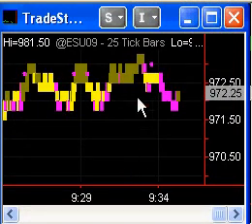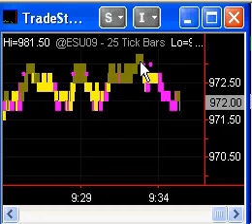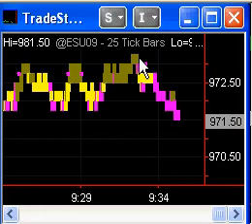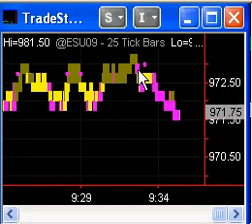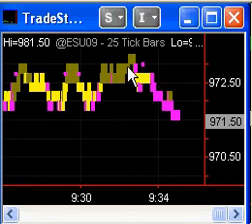On the next tick, it went from a +6 to a -2. Magenta is a -2. And so at that particular price, you see, there was weakness, and we see a corresponding move down.